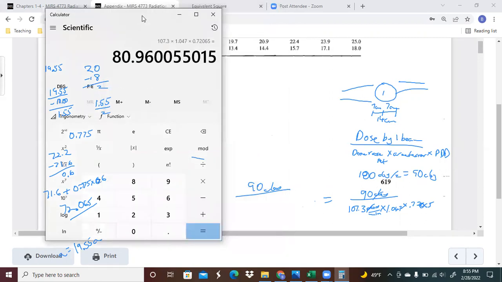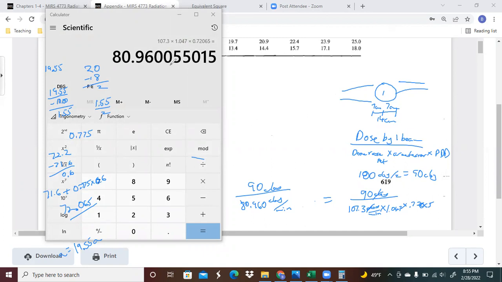Just for the sake of bookkeeping, I will show you that this is going to be 80.960 centigray per minute. Now I need to fix that and make that into the number of minutes that we have here, and I'll show you a little trick to do that.